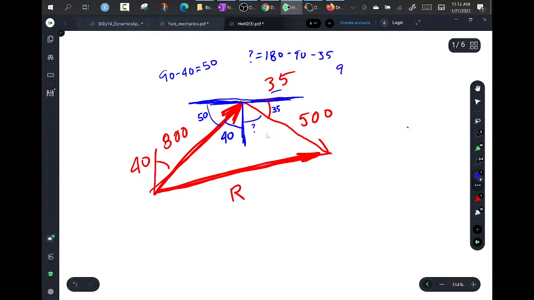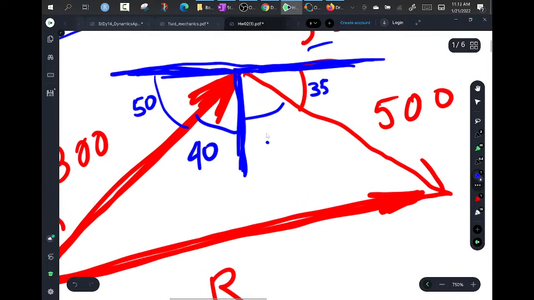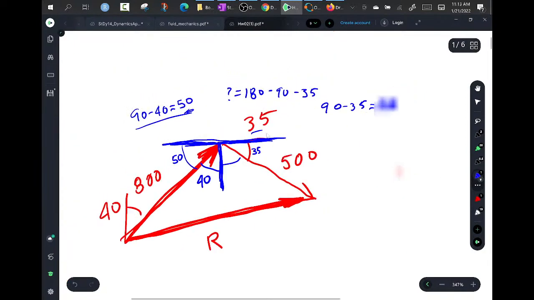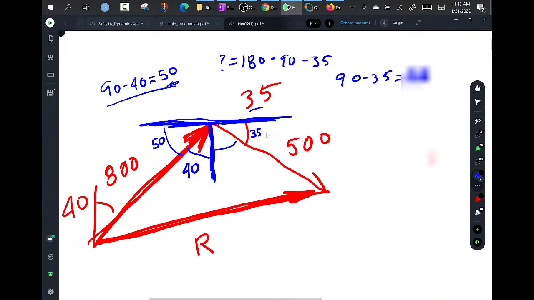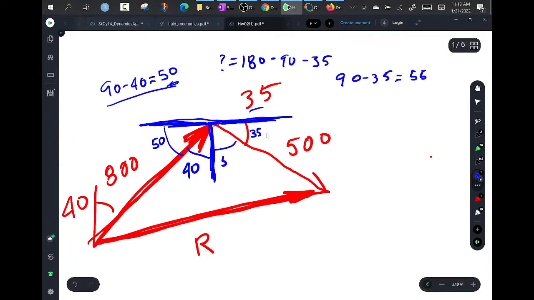I could have just worked off of this line and that, but this is part of the fun of these. If I take that and get 50, then this one should be 55.